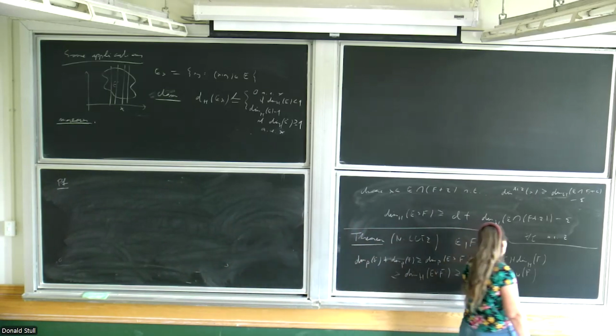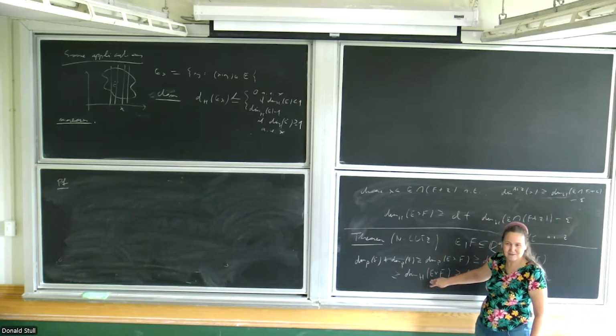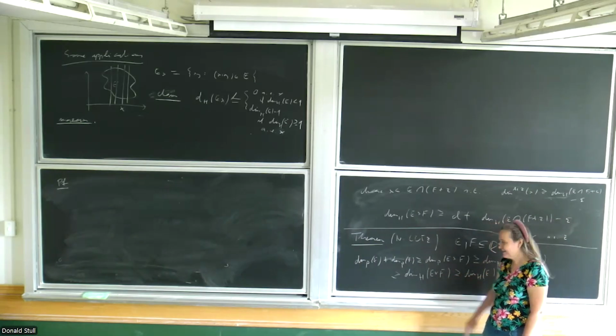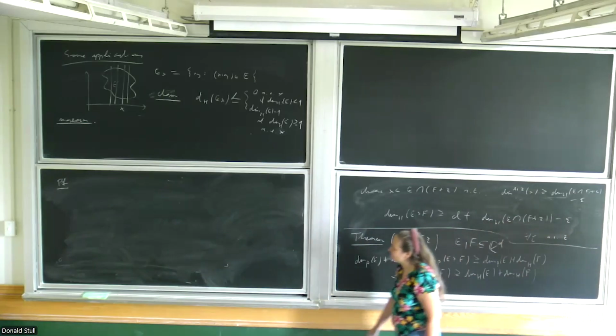It is at least the lim sup of the first plus the lim inf of the second. It is at least the lim inf of the sum, and this is at least the sum of the lim infs. So just for fun, let me write this down.